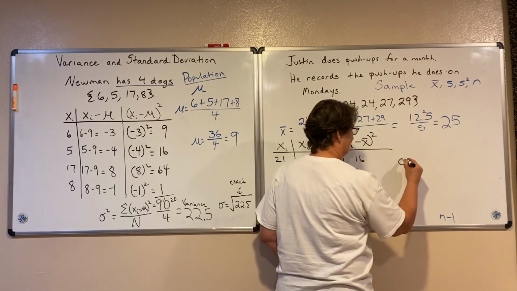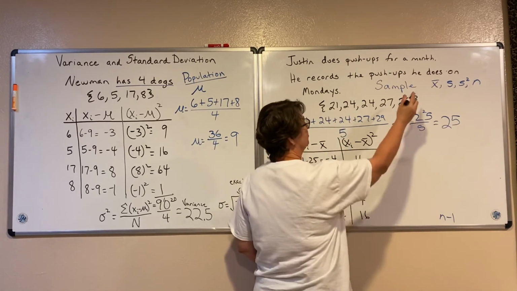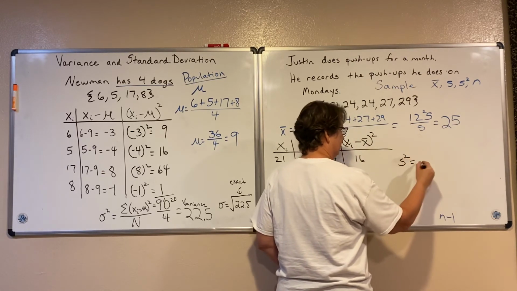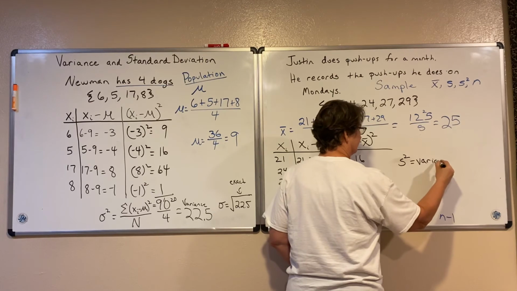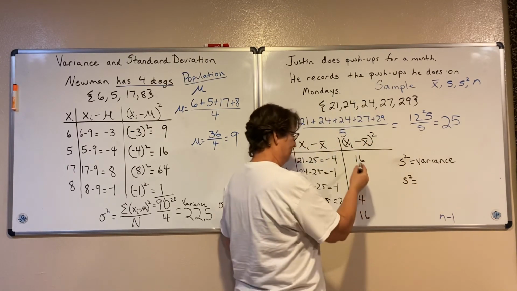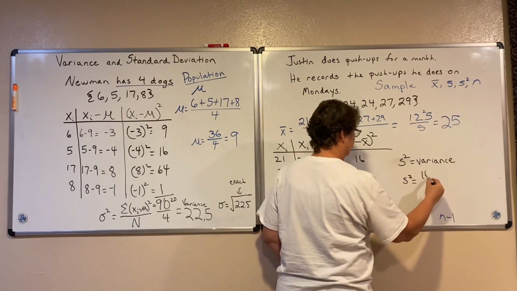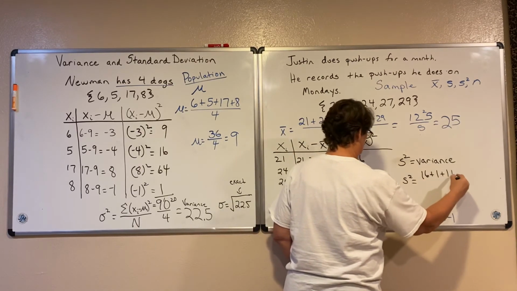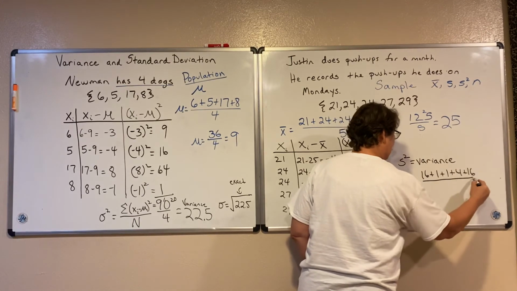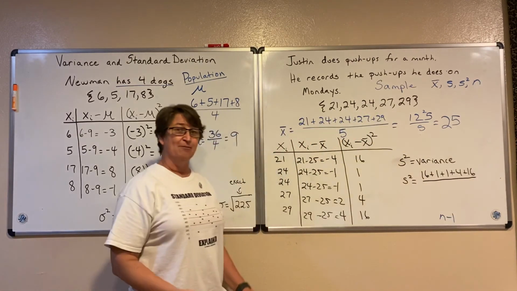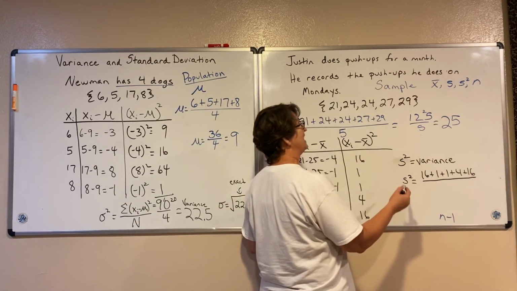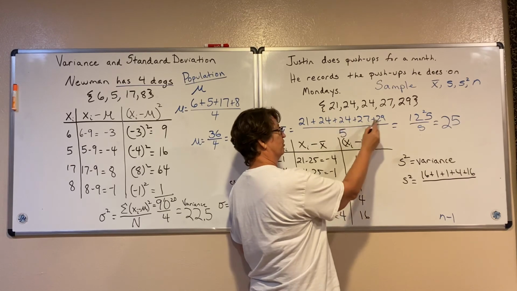So now, to find the variance, I use an S, so that S squared is variance. So to find that S squared, I'm going to add those all up, 16 plus 1 plus 1 plus 4 plus 16. But instead of dividing by n this time, I have to divide by n minus 1. So my n is 1, 2, 3, 4, 5.